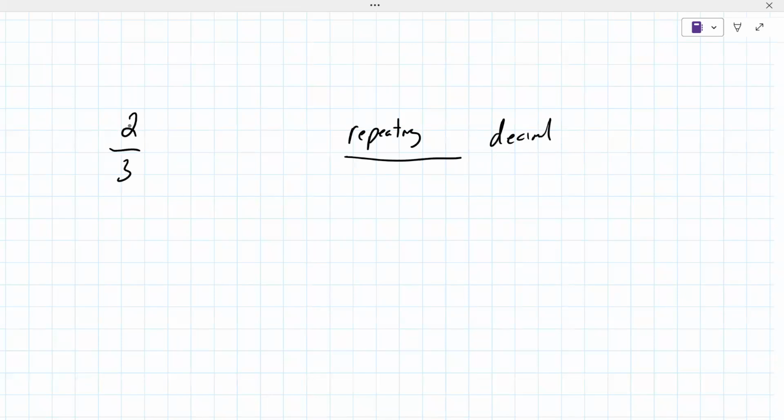Is 5/16 also a repeating decimal? No. It is a terminating. Terminating, yeah. Okay.